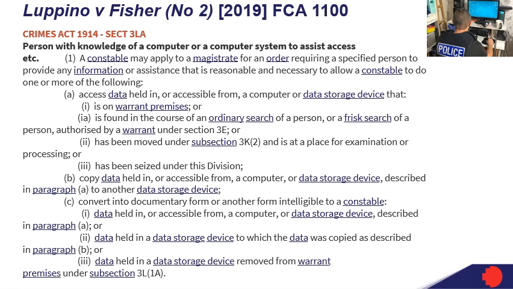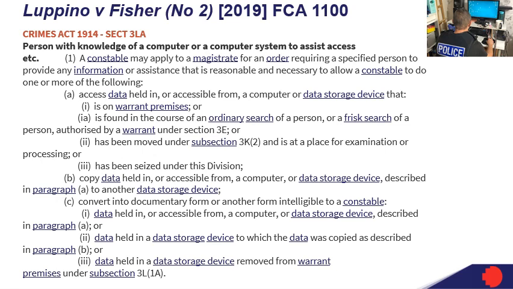So it's about someone with knowledge of a computer or a computer system assisting the police in providing access. It says a constable may apply to a magistrate for an order requiring a specified person to provide any information or assistance as is reasonable or necessary to allow a constable to do one or more of the following.